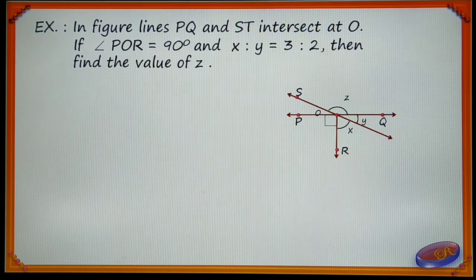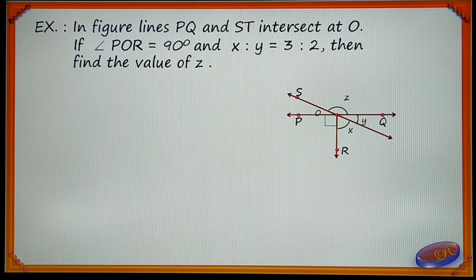Example. In the figure, lines PQ and ST intersect at O. If angle POR is equal to 90 degrees and x is to y is equal to 3:2, then find the value of z. Solution.